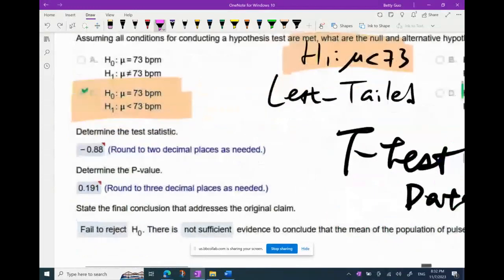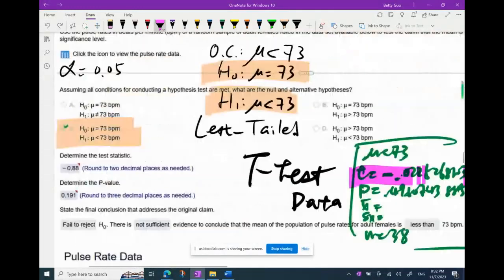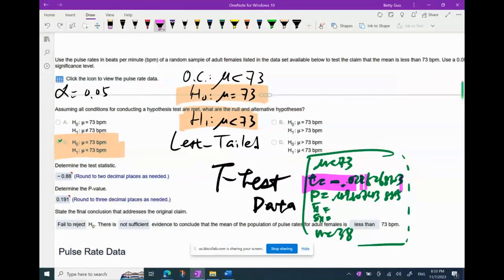What's the answer here? Negative 0.88. I might have entered something wrong. Did I? My p-value is also different.